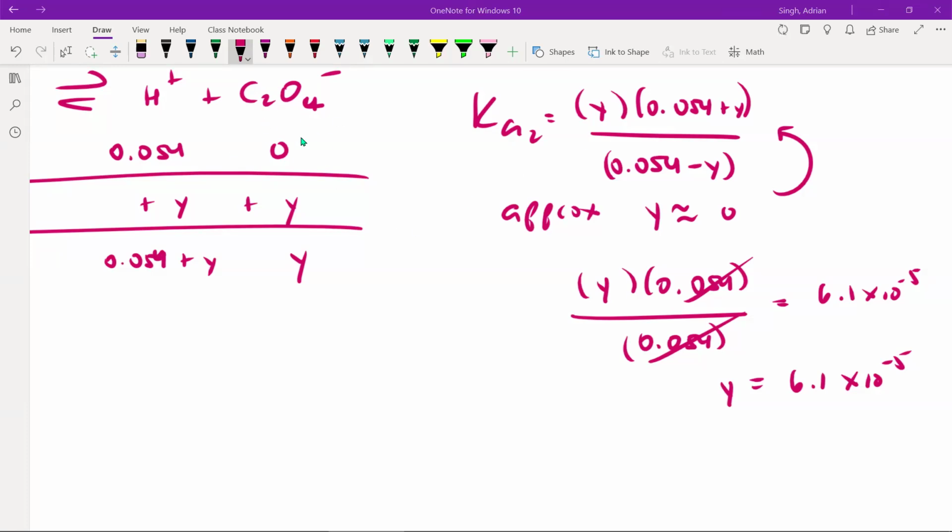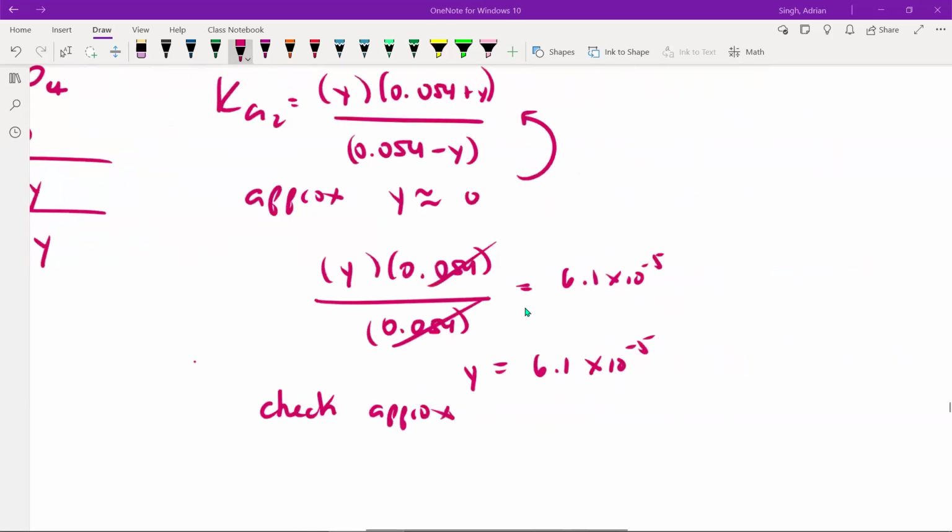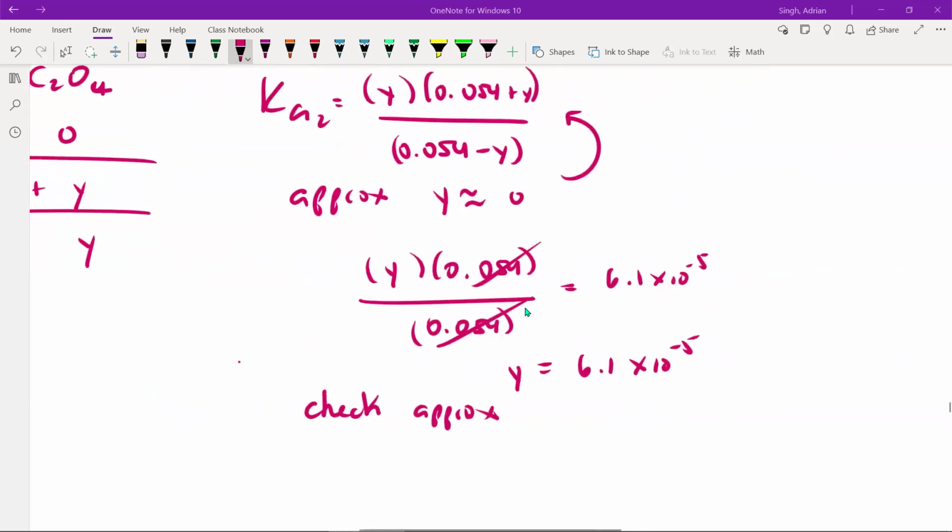What we also need to do is check our approximation. So we're going to take that Y value and divide it by the original amount that we started with, which was 0.054.